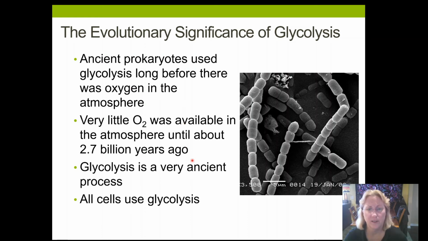So glycolysis would have been much more useful. Aerobic metabolism could not have evolved until there was a substantial amount of oxygen in the atmosphere, and we don't think it evolved until about 2% of the atmosphere was oxygen. That did not happen until about 2.5 billion years ago.